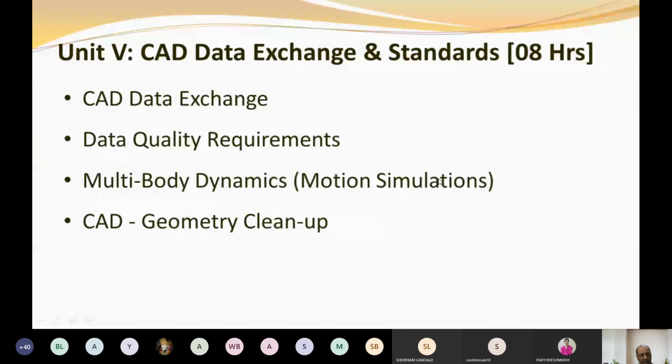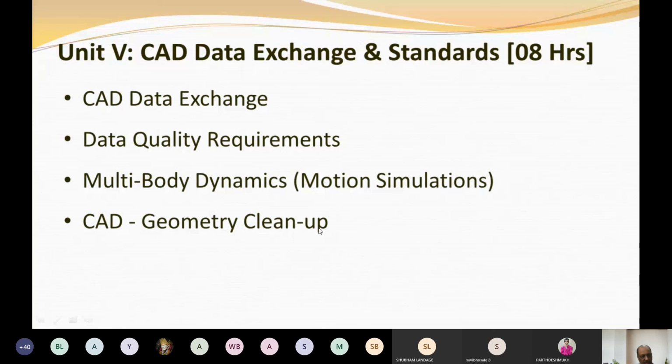So we have to have some standards where we can convert that solid modeling file into a neutral database, and then that file can be read by the analysis software, so that we will study how it is carried out. Quality requirement means how much quality is required, or what are the things we have to consider before converting the file and before reading the file.